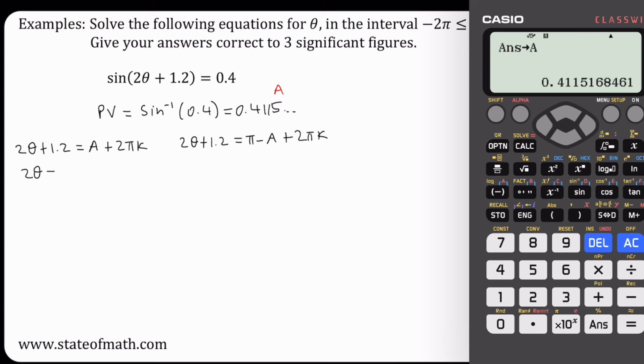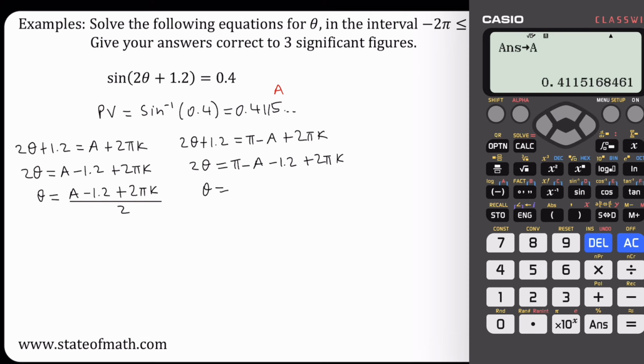We've got 2 theta is A - 1.2 + 2 pi k, and I divide by 2 to get (A - 1.2 + 2 pi k) all divided by 2. And for the second equation, we've got 2 theta is pi - A - 1.2 + 2 pi k. Divide by 2 leads to (pi - A - 1.2 + 2 pi k) all divided by 2.